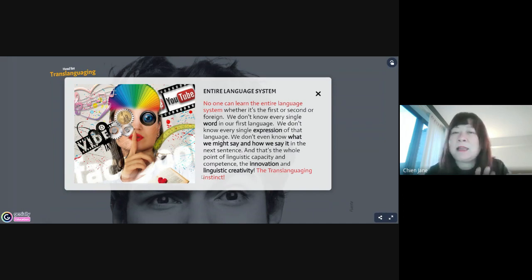And this is saying that what we might say or how we might say it in the next sentence is unpredictable. We're saying it as we think, thinking as we say it. So it's unpredictable. And our linguistic capacity, our competence in innovation and linguistic creativity, these are all the translanguaging instinct.